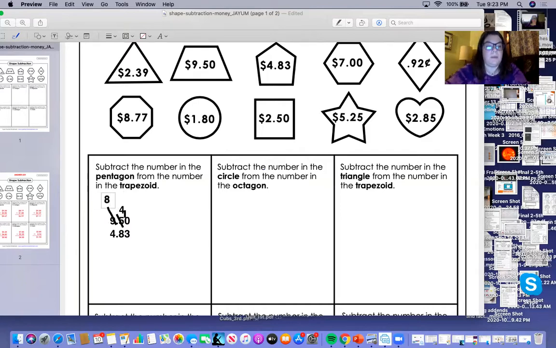So I'm taking one of these dollars and essentially exchanging it for 10 dimes. And now I have 14 dimes, right? And now we can subtract.